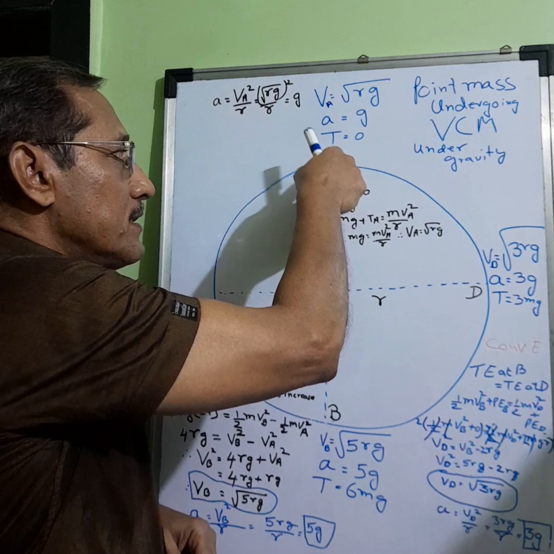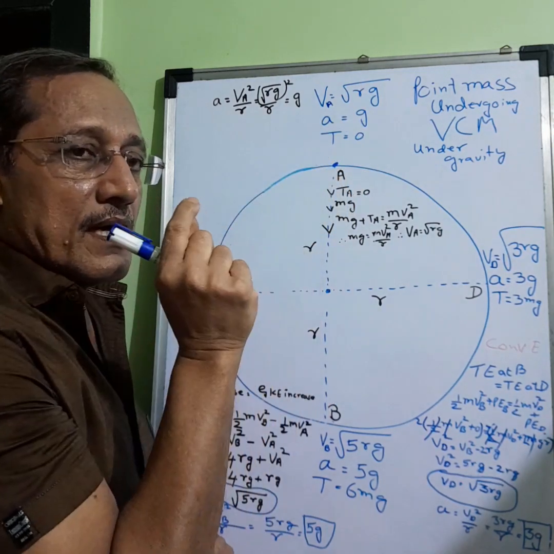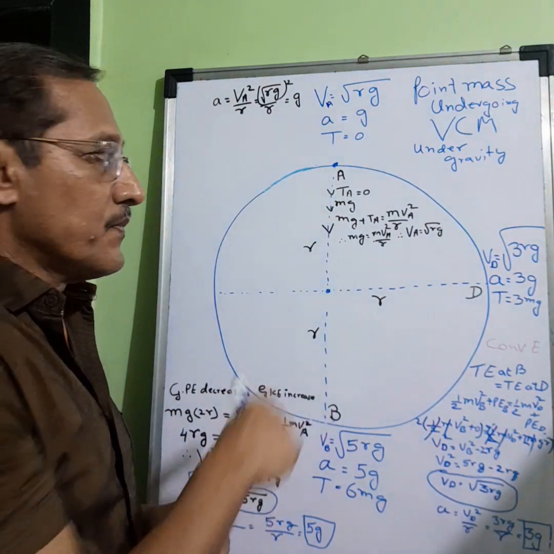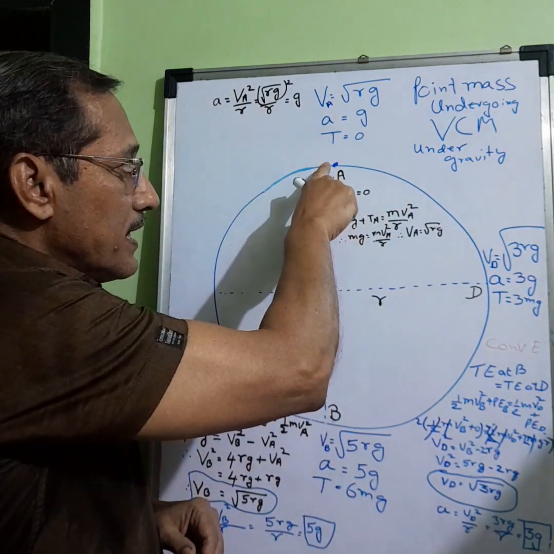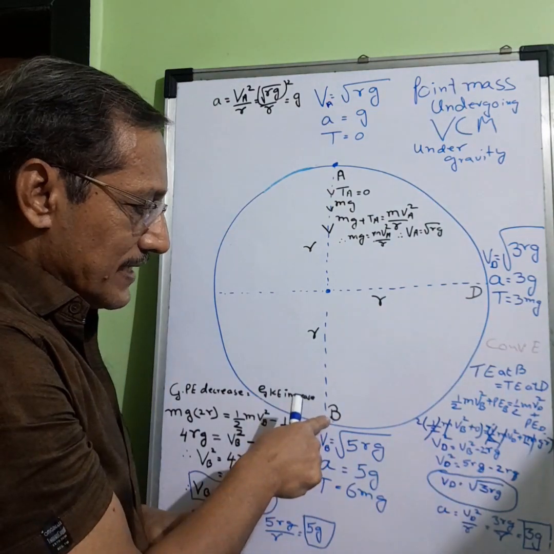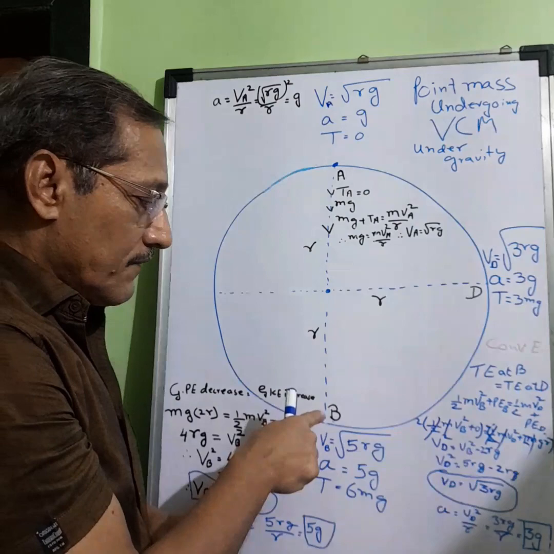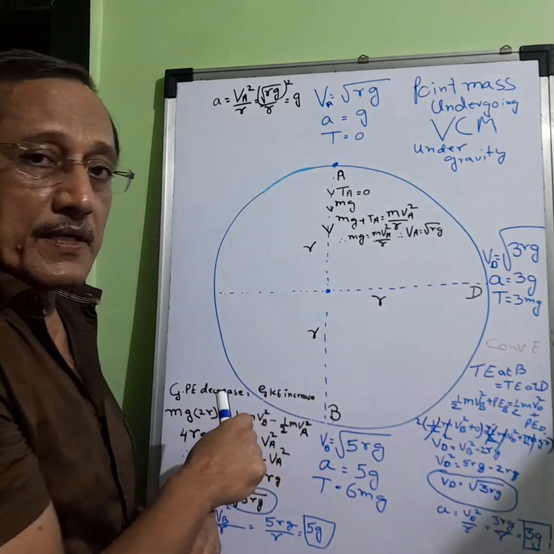So at this point, the potential energy gained by the point mass would be mg2r, the height. As it comes from here to this place, that entire potential energy gets converted into kinetic energy. The potential energy becomes 0 over here, whereas kinetic energy would be half m vb square.